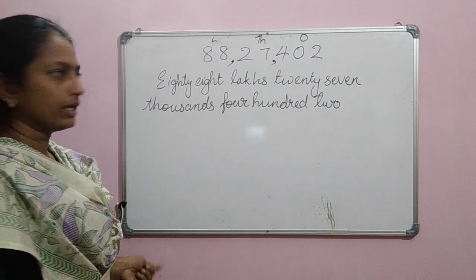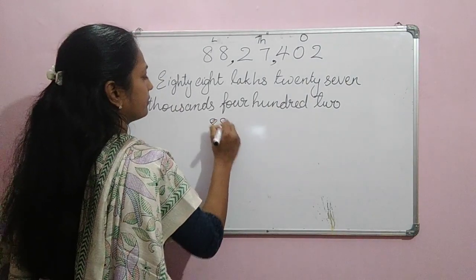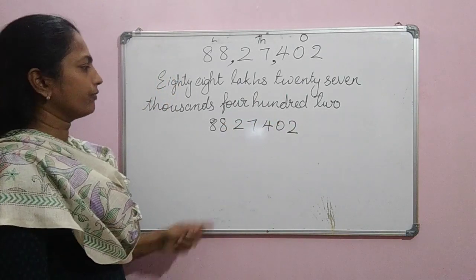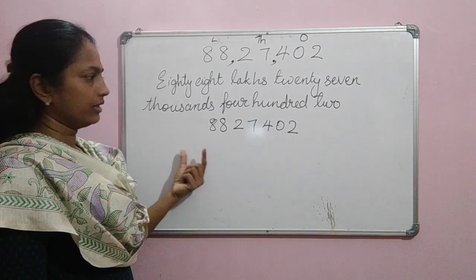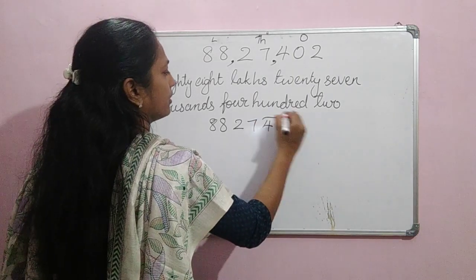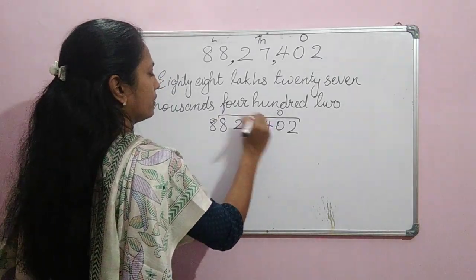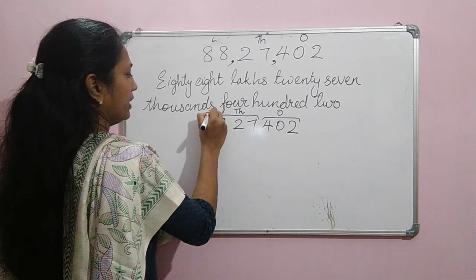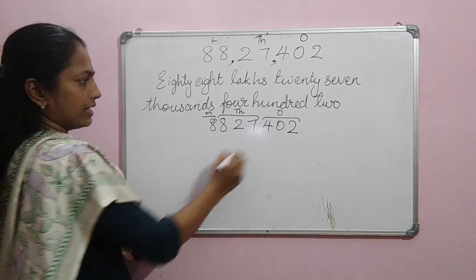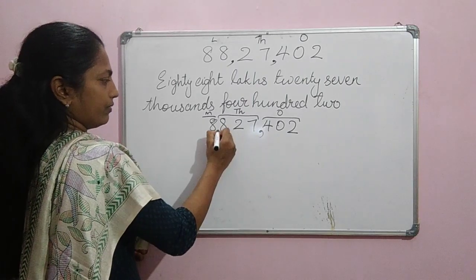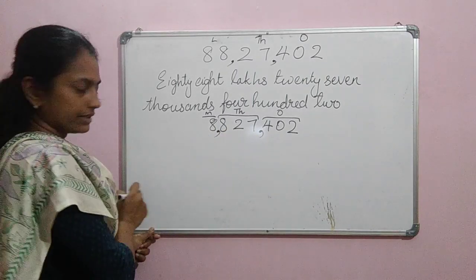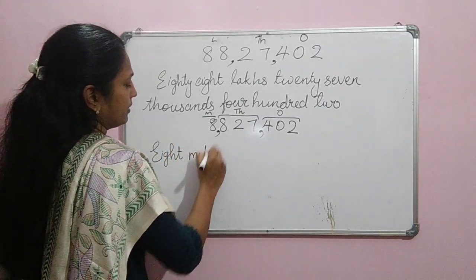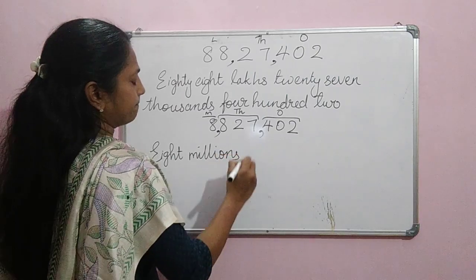Now let's see the same number in international system. In international system, we group the numbers 3, 3, 3. That means ones group, thousands group, and this is millions group. So we have 8. We put the comma like this. We have 8 in millions group. So we start with the 8 millions.